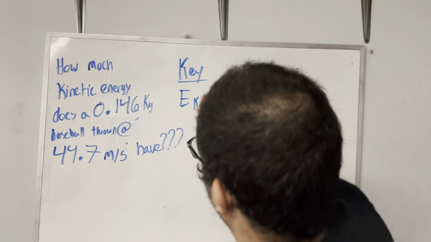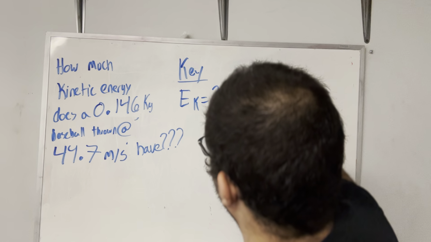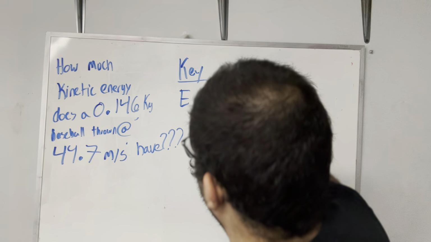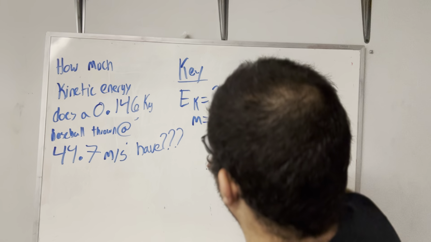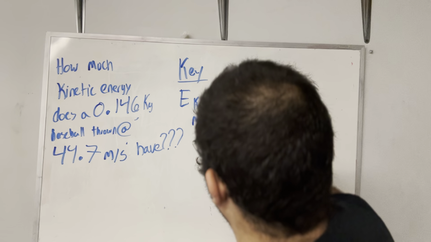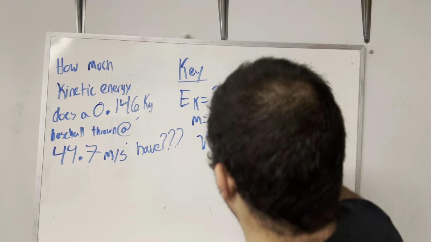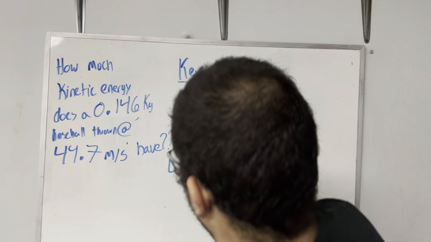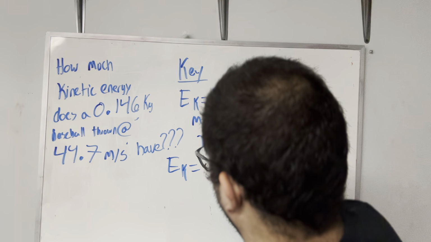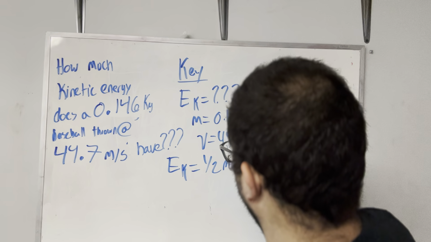So we are looking for kinetic energy. We put that in as our unknown. We put down our mass of 0.146 kilograms, and we put down our velocity of 44.7 meters per second. We write down our formula, 1/2 mv squared.